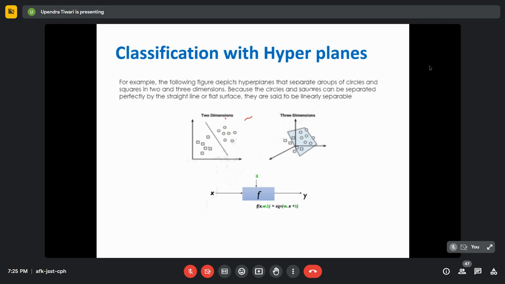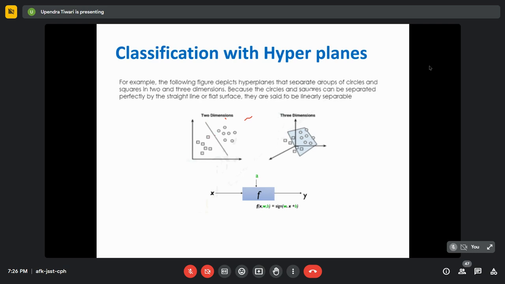We'll try to put the hyperplane in between them in such a way that on either side of the hyperplane we have squares on one side and circles on the other.